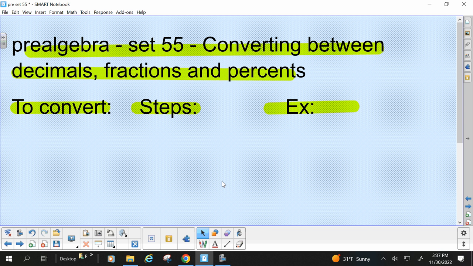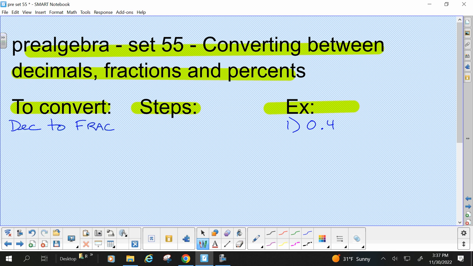All right. Let's start by saying we wanted to go from decimals to fraction. To go from a decimal to a fraction, let's go over to example 1 and say I had 0.423.